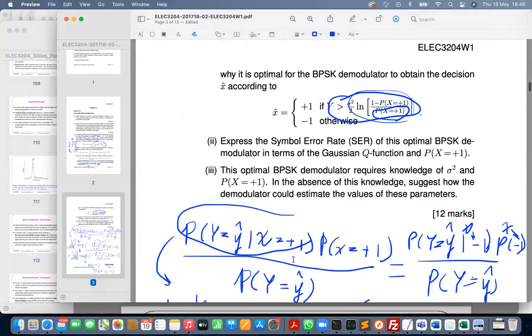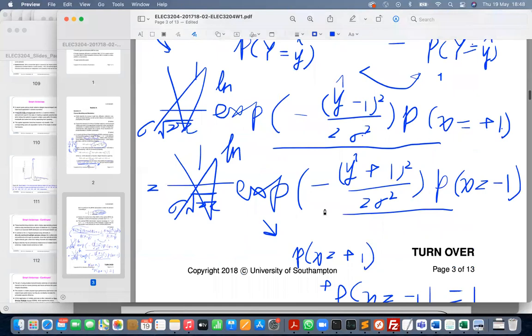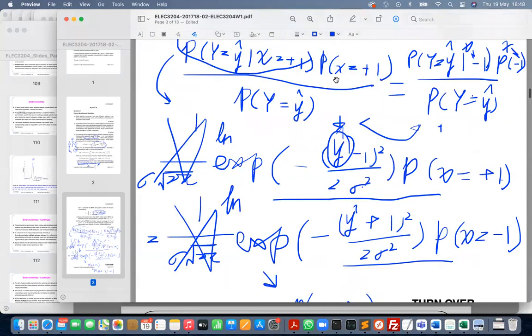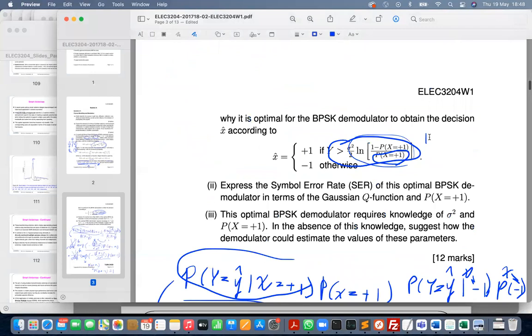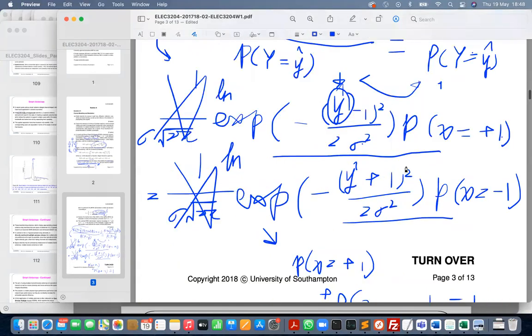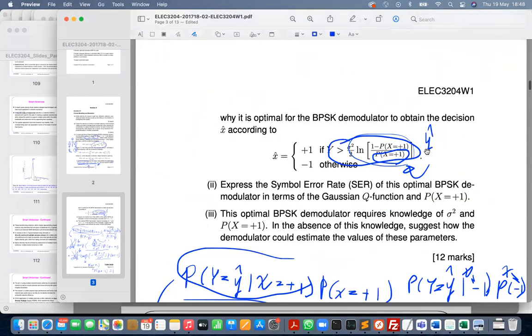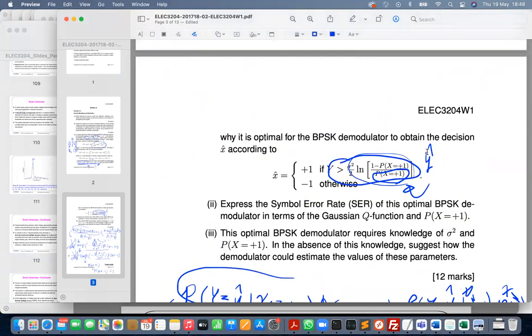So in the end, based on this equation, you only have y hat, which is the decision boundary. So what you get will be y hat equals this. And I have already given you all the necessary tips to arrive here.